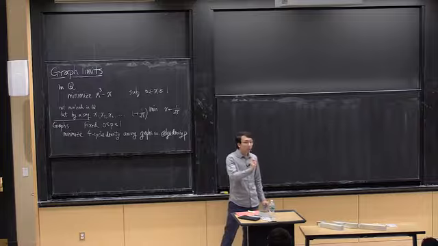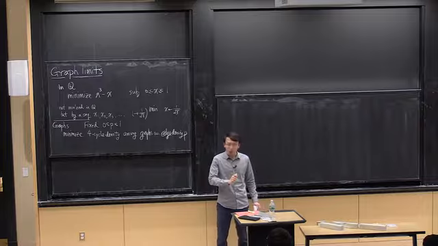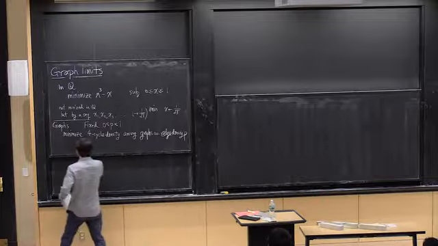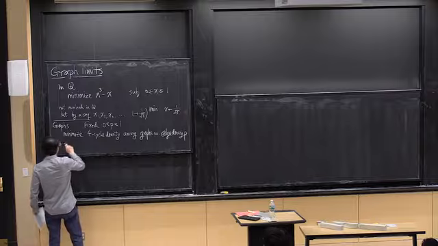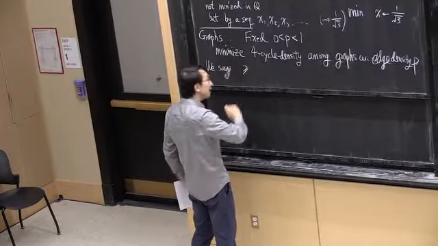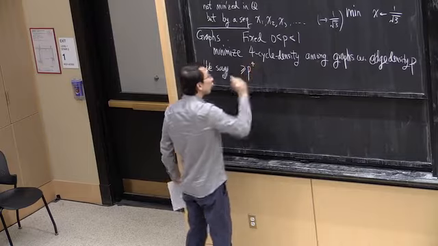Now, we saw a few lectures ago, in the lecture on quasi-randomness, an inequality that tells us this density is always at least p to the 4.